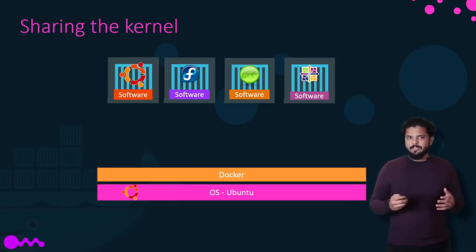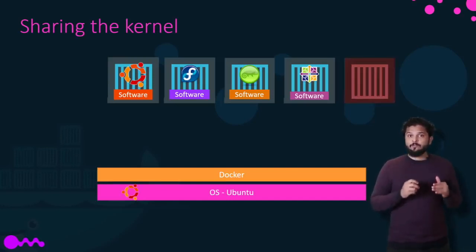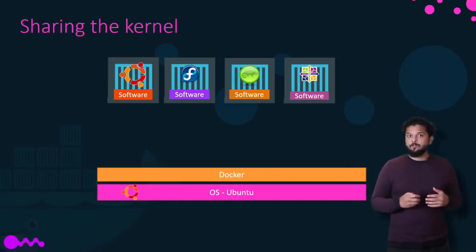So what is an OS that does not share the same kernel as this? Windows. And so you won't be able to run a Windows-based container on a Docker host with Linux on it. For that, you will require Docker on a Windows server. Now, it is when I say this that most of my students go, hey, hold on there, that's not true. And they install Docker on Windows, run a container based on Linux, and go, see, it's possible.